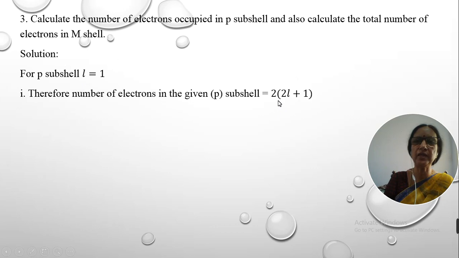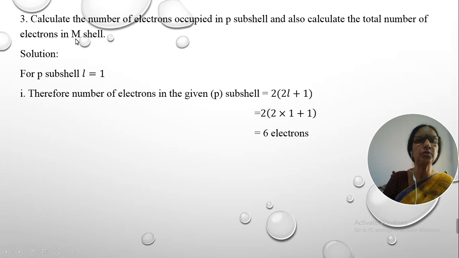The formula for calculating the maximum number of electrons that can be accommodated in each subshell is 2 into 2l plus 1. Substitute the value of l here, you will get the number of electrons in p. This is already known to you, but I have to show it in a systematic manner with the formula, that it is 6 electrons.